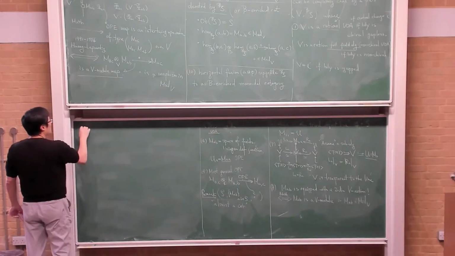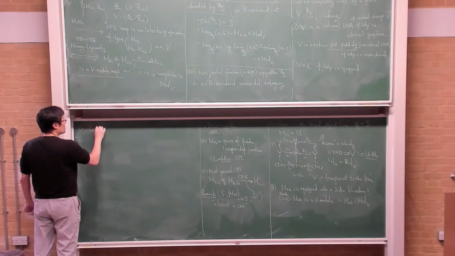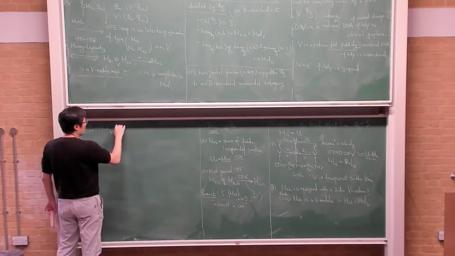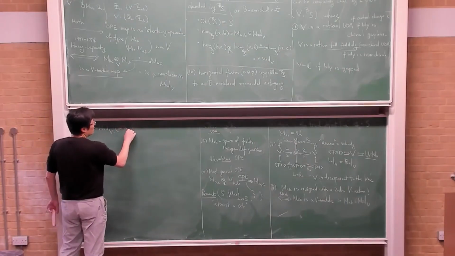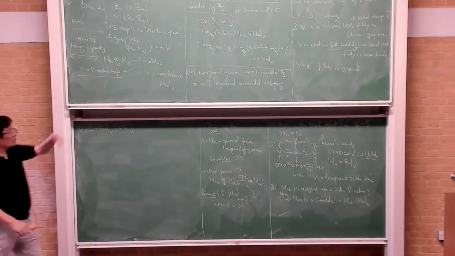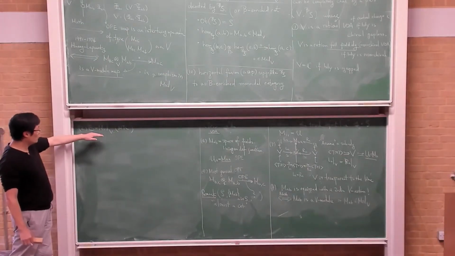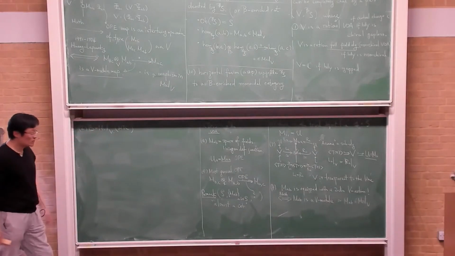The second data, B, is just Mod V, which is a multi-fusion category. By that assumption, rational VOA, rational full field algebra by definition also just means that Mod V is a multi-fusion category.